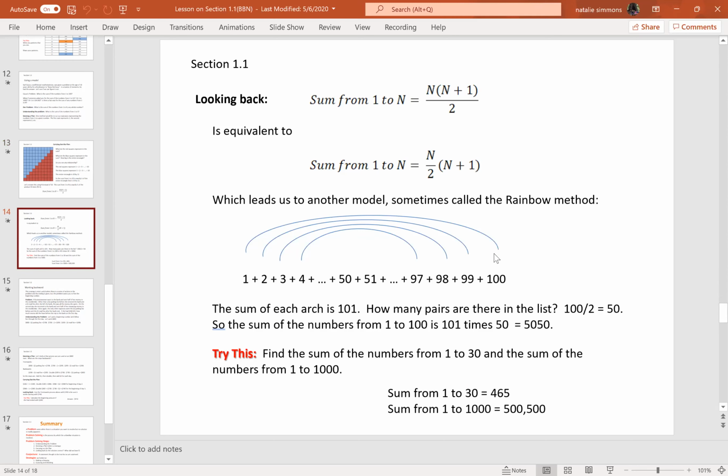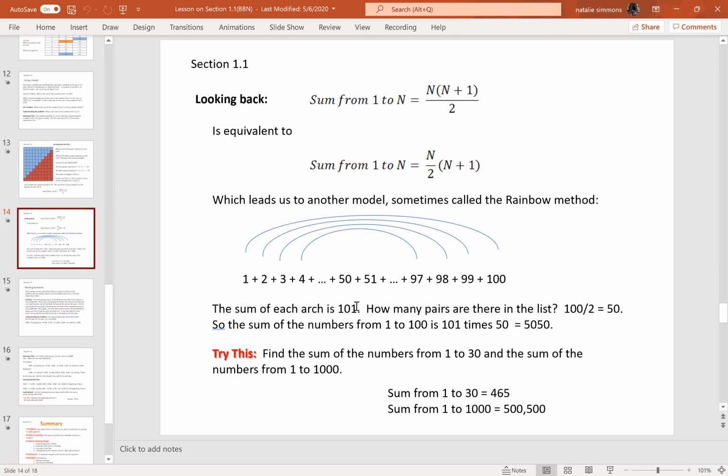So they're saying, well, you could take 100 plus 1, that's 101. 99 plus 2 is 101. 98 plus 3 is 101. So each one of these arcs has a sum of 101, and there's 100 of them, right? There's 100 arcs.